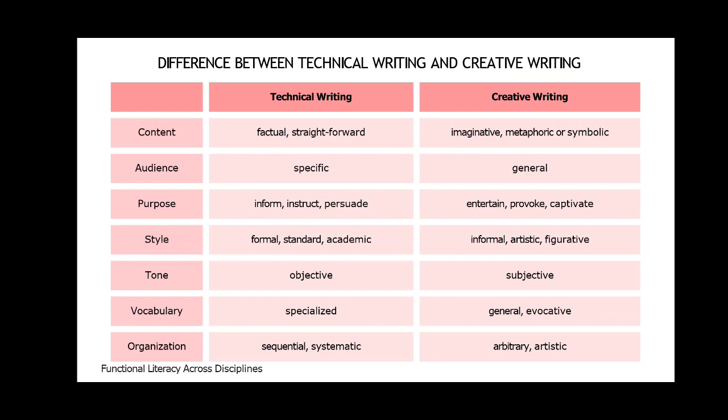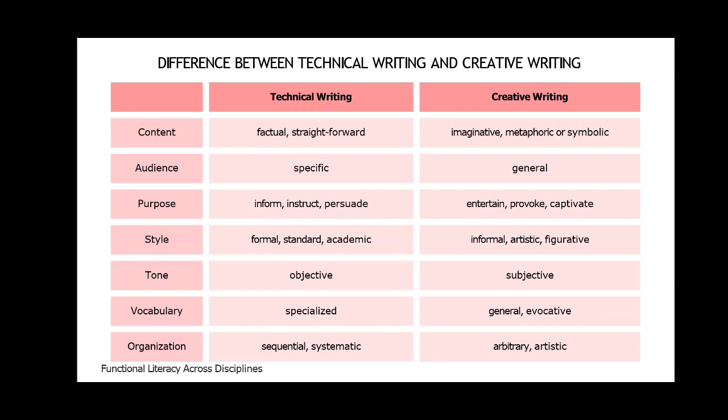However, for technical writing, if I am writing a laboratory manual, then it is only specific for a target audience, may it be for students or people who are using the laboratory.